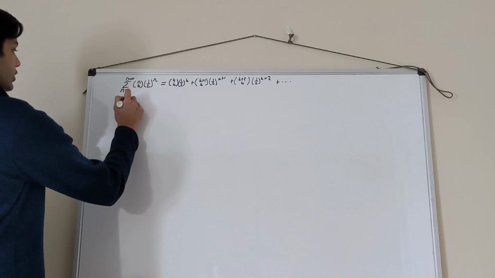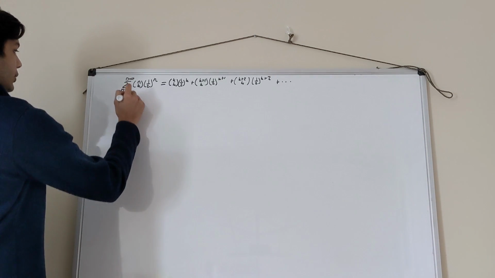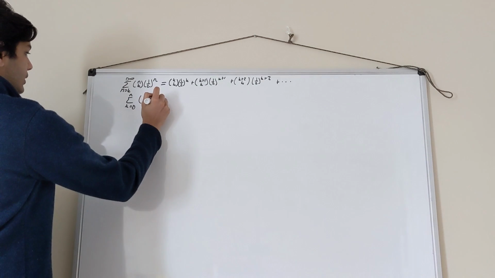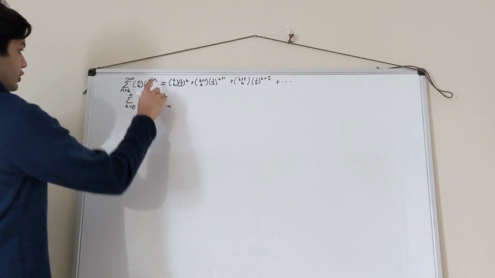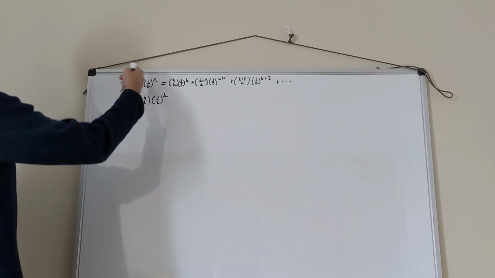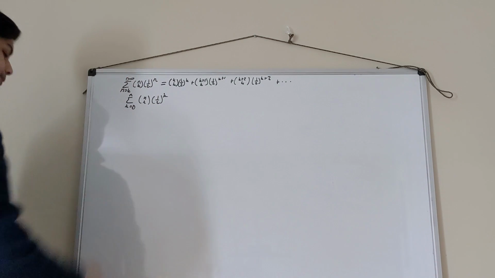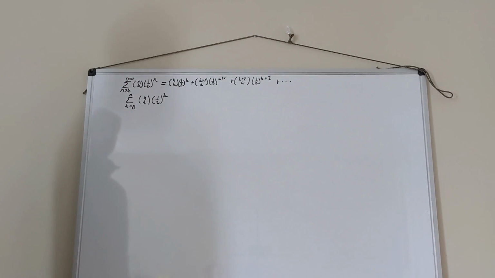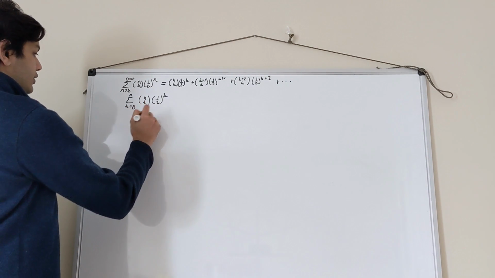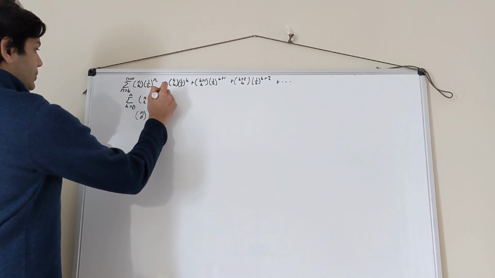So if instead of this sum, we look at the sum k equals 0 to n of n choose k times 1/2 to the power of k. I replace the n with k here, and instead of summing from n equals k to infinity, we're summing from k equals 0 to n. The first couple of terms are n choose 0, and instead of 1/2, let's just put in x.